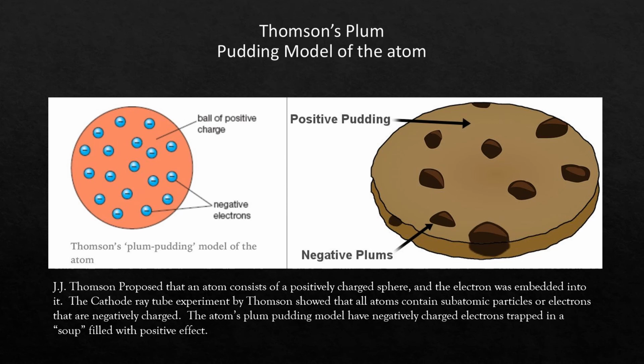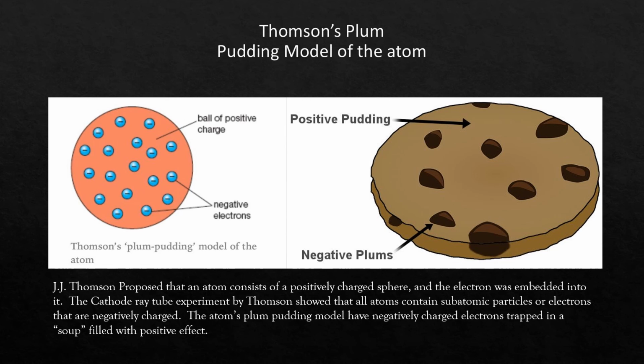In terms of the discovery of the atom, it actually started with Thomson's plum pudding model of the atom. As you can see here in these figures, on the left side you have the ball of positive charge, and inside of that are negative electrons.